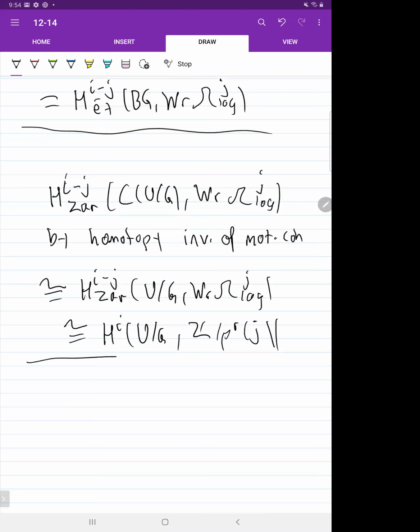Okay, so then we get a comparison map as follows. You have motivic cohomology of the classifying space.